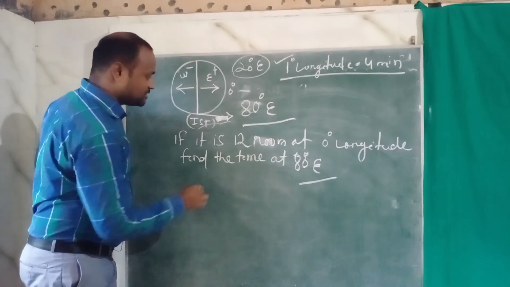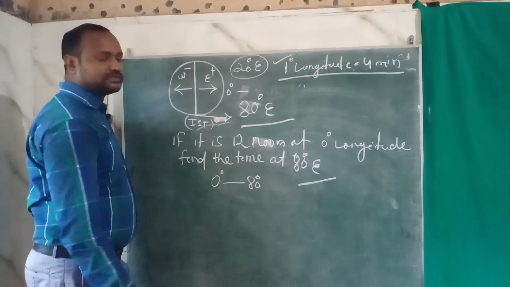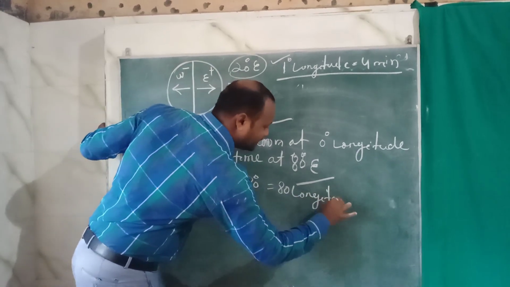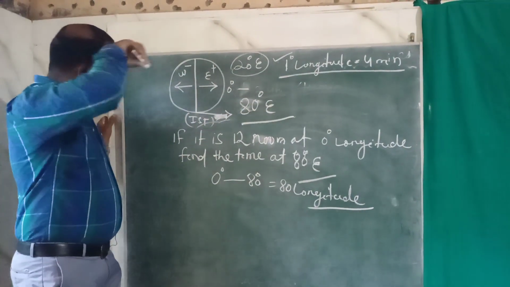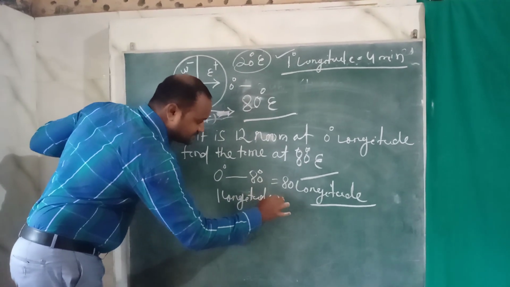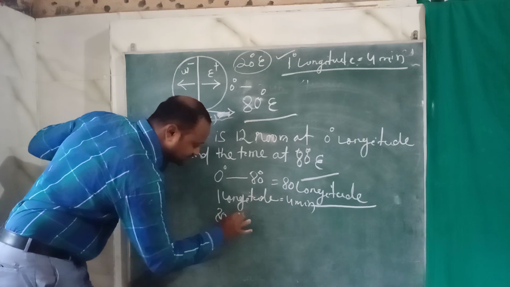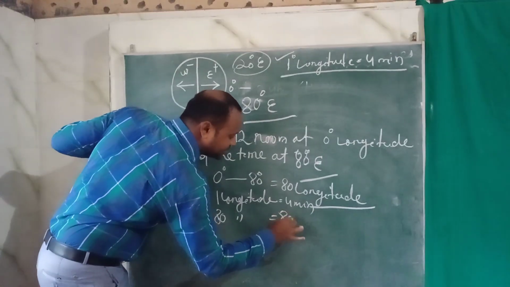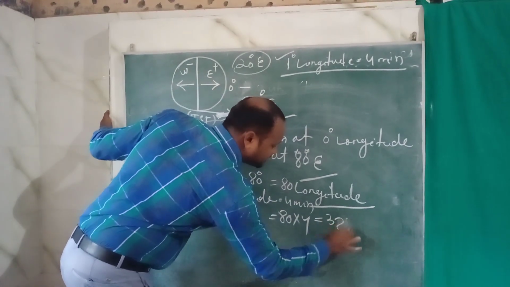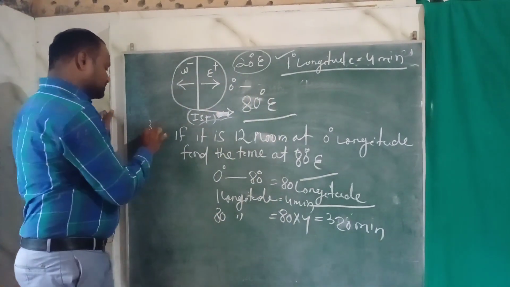So first let's find out 0 degree to 80 degree. How many longitudes? There are 80 longitudes. Then for one longitude there are 4 minutes. For 80 longitudes there will be 80 into 4, which is equal to 320 minutes.